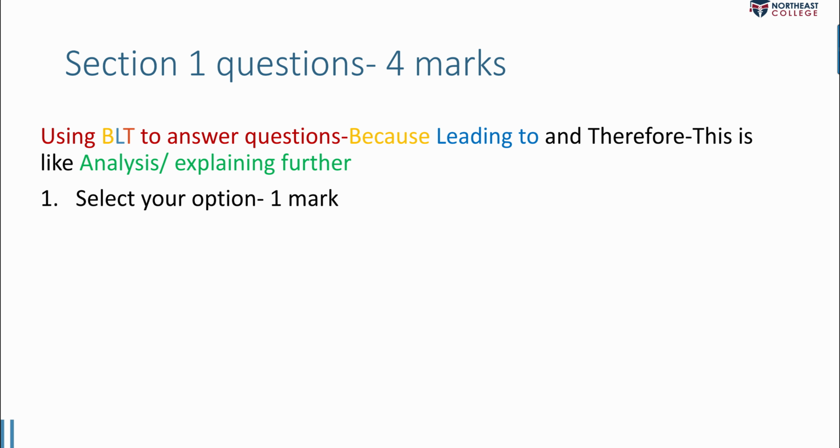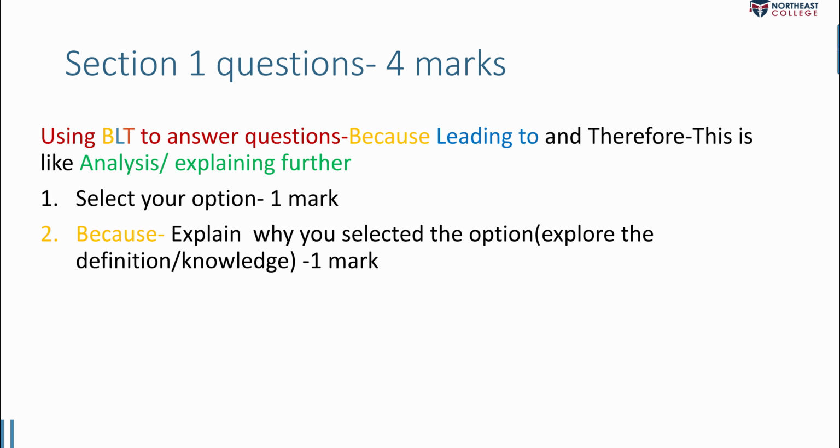So select your option. Basically, for the 4 marks, the first mark will ask you a question where you have to give an answer. You choose, is it A or B or C or D? That will give you 1 mark once you get it right.